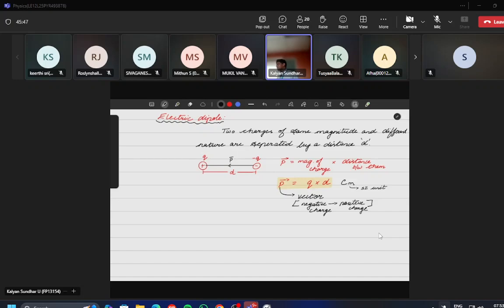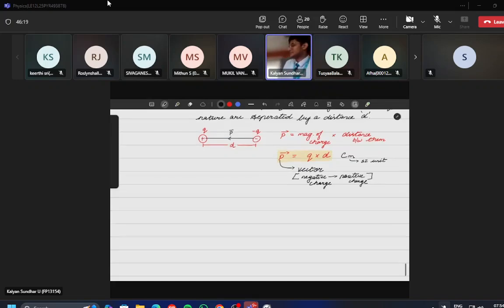If the distance between them is 2a, then you write 2a. The magnitude of charge will remain the same. It is not always 2a. So when a question is given, check what distance between them is given. It could be 4 centimeter or 3 centimeter, or in millimeter. You have to check whether it is the distance between them, or from the center of the dipole to any one of the charges. Right, sir?